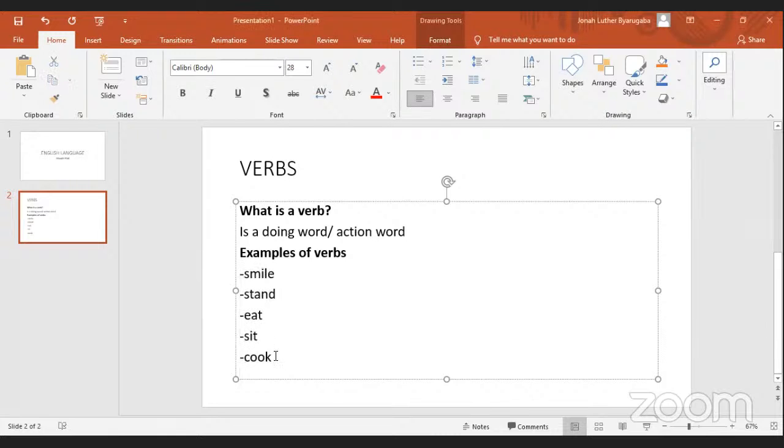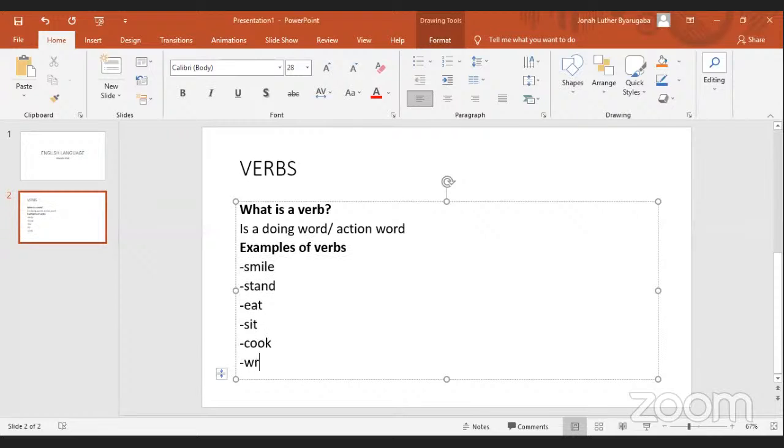Charlotte, we want 5 from each one of us. Very good. Yes, Charlotte, talk. What else in the chat? We have other people. Kyra, Akero, we are writing 5 verbs in our chat.